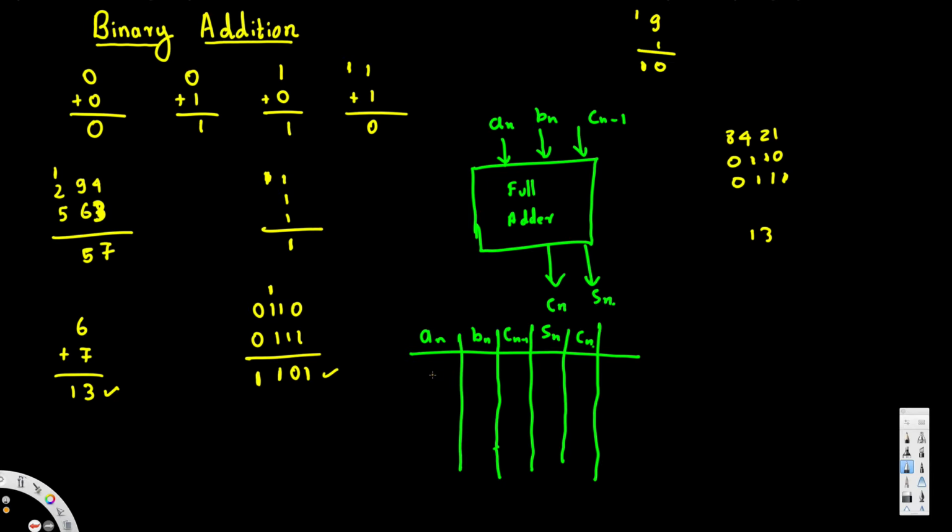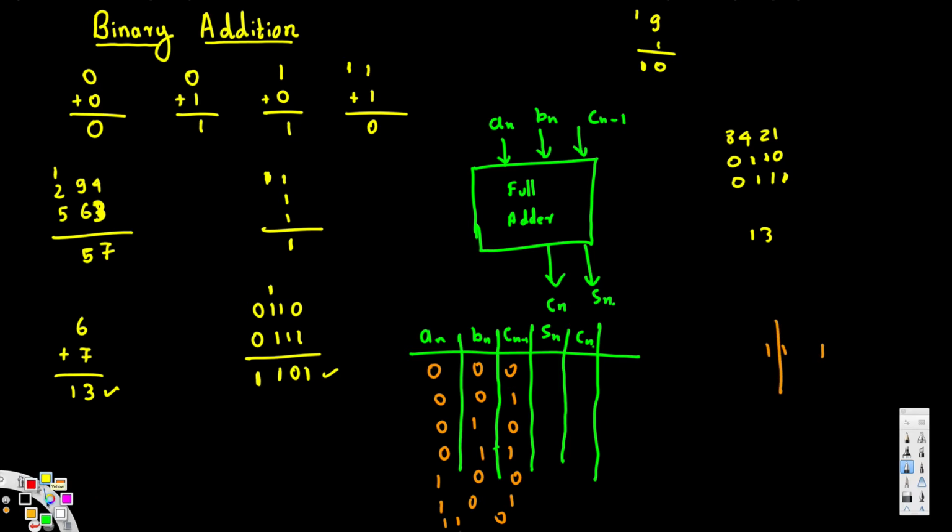So let's look at the possibilities: 0 0 0, 0 0 1, 0 1 0, 0 1 1, 1 0 0, 1 0 1, 1 1 0, 1 1 1. Let's put 1 1 1 right here.